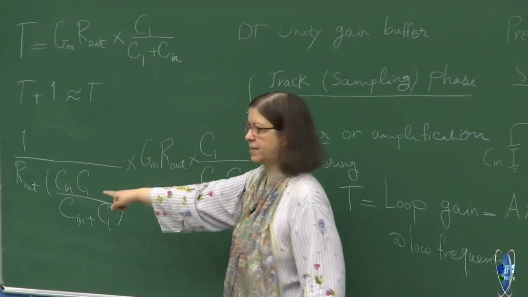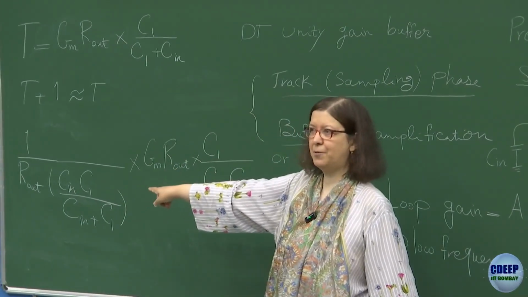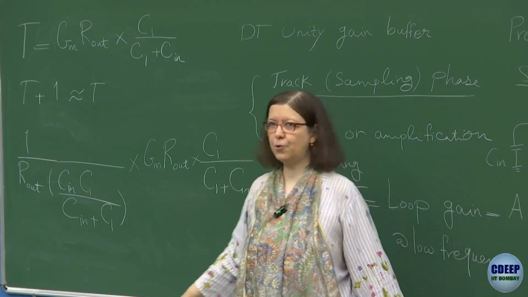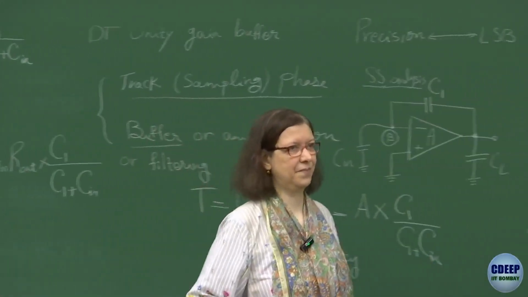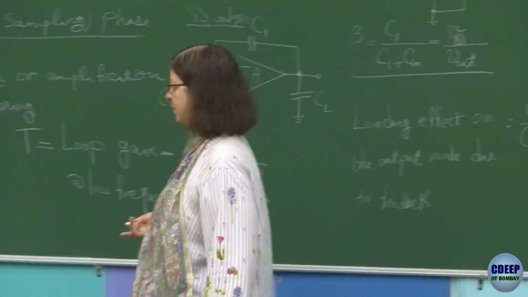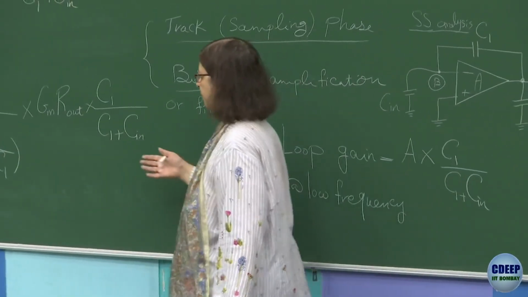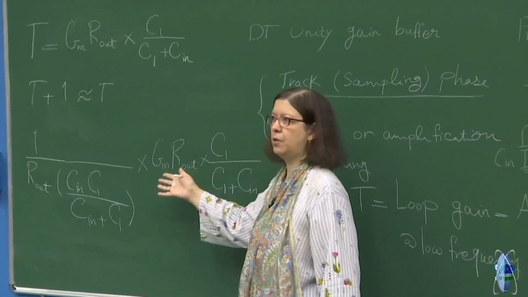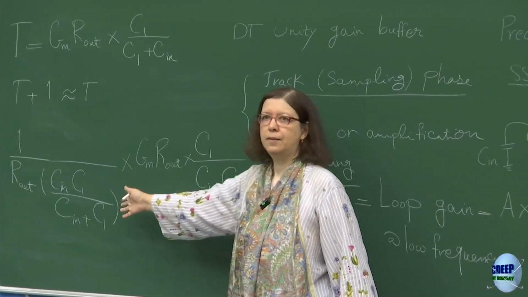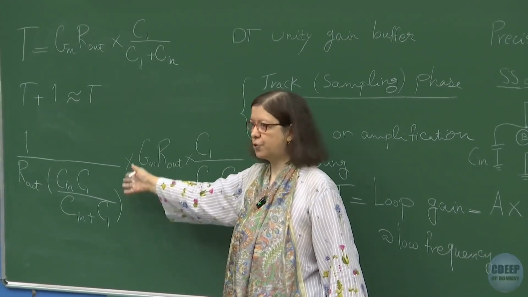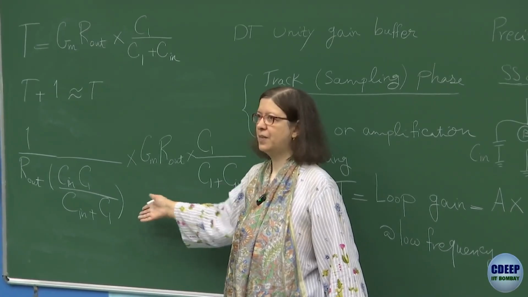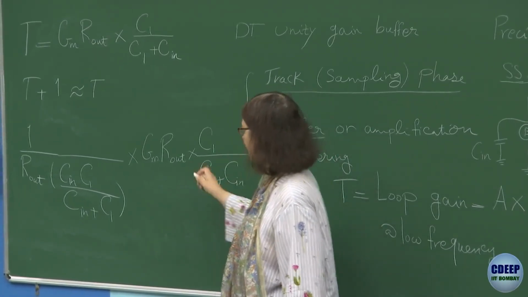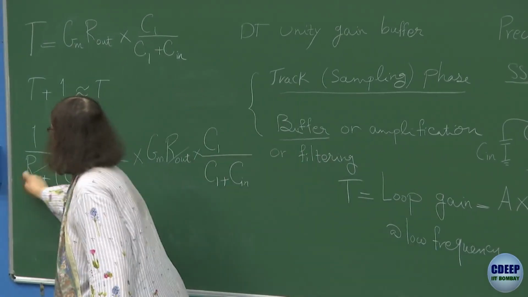And now you understand why R out didn't appear. Do you remember? Last lecture I wrote for you only GM. So R out doesn't appear. What does that mean? It means that if you increase R out, the loop gain will increase and the main pole will reduce by the same factor. So it will not have any effect on the pole after feedback.